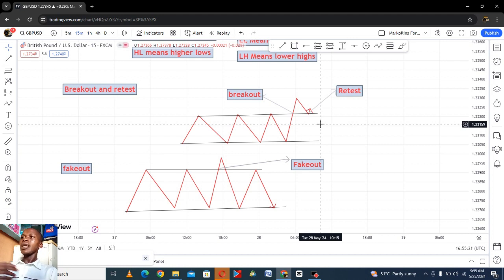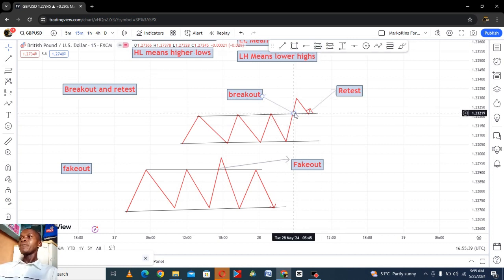Maybe a lot of people will start selling, saying this rice has gone far. Because of so much rice in the market, the price will come down because the supply is more than the demand. The price of rice will come back to like 31 or 30. That's when they say the price broke above this resistance level, and that is what is called a breakout.